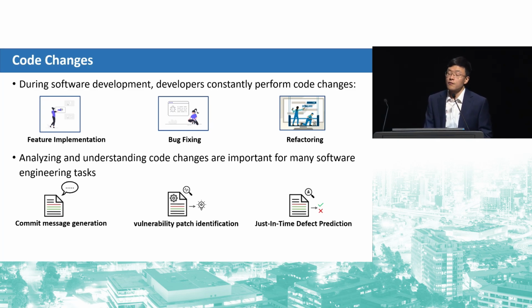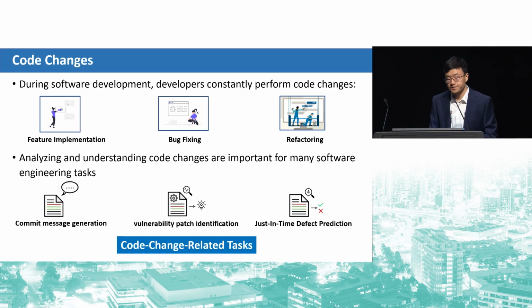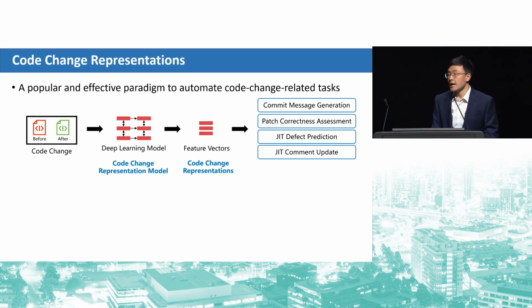For example, for the commit message generation task, it is necessary for us to summarize the content and intent of the code changes. We refer to these tasks as code change related tasks. To automate these tasks, a popular and effective paradigm is that we can first use a deep learning model to encode the input code change into feature vectors.